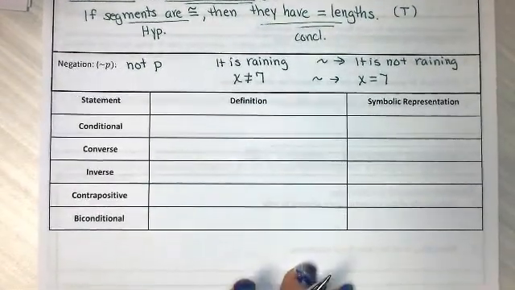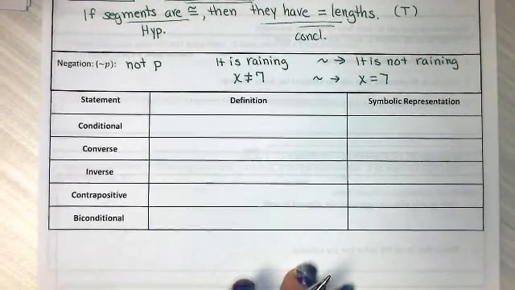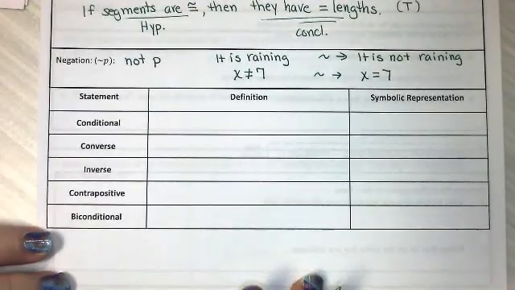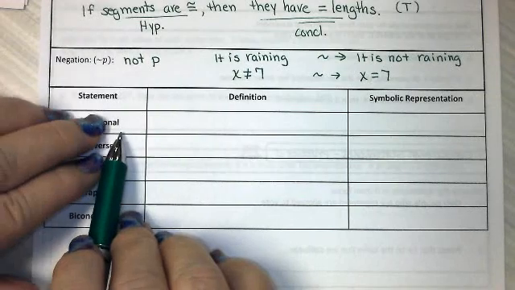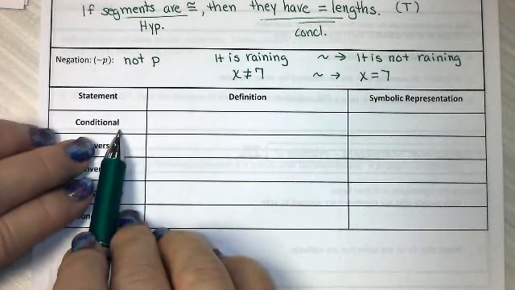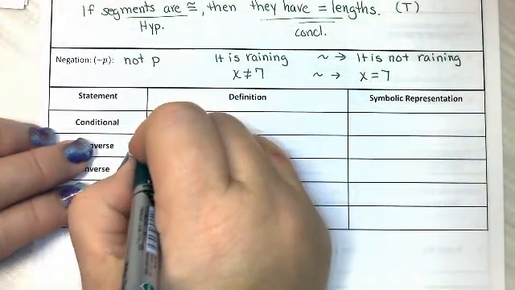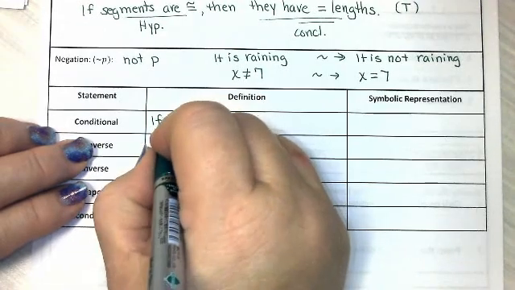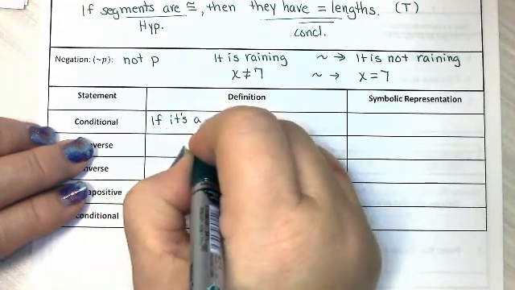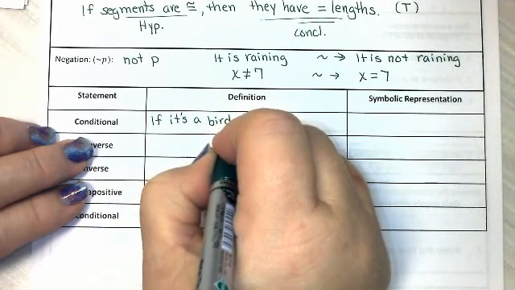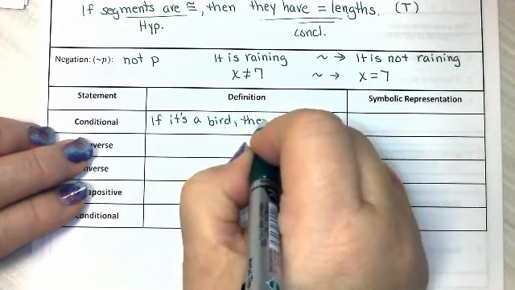There are 4 types, actually 5, of conditional statements. And we're going to show you here. A conditional statement, I'll give you an example. If it's a bird, then it's a cardinal.